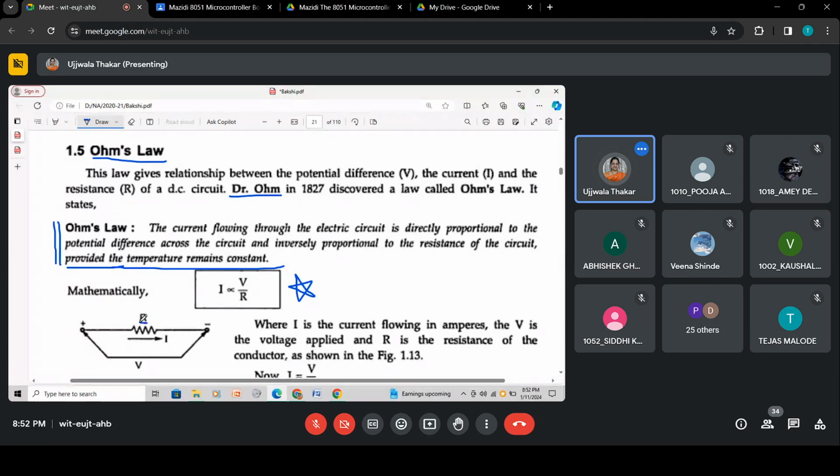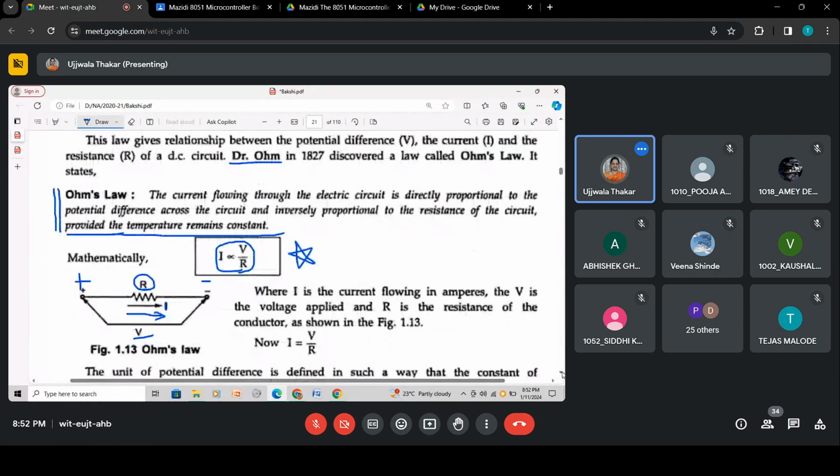If there is a resistance with a potential difference applied across it, with a positive terminal and a negative terminal, the current I is going to flow through it. You are going to see this relation, I is equal to V upon R. This is Ohm's law.